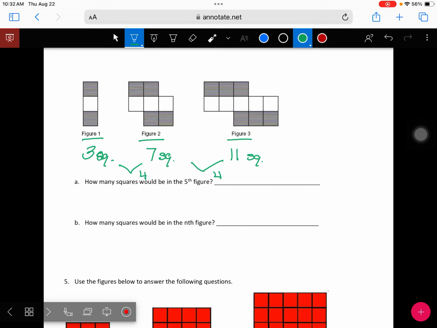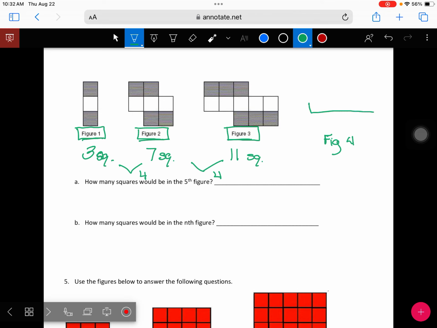And what I told you guys yesterday is you always need to base it on the figure number. So just to check, I would probably try my own and do one more and say figure 4, is figure 4 going to follow that same pattern? So I have 1, 3, 5 in the middle.